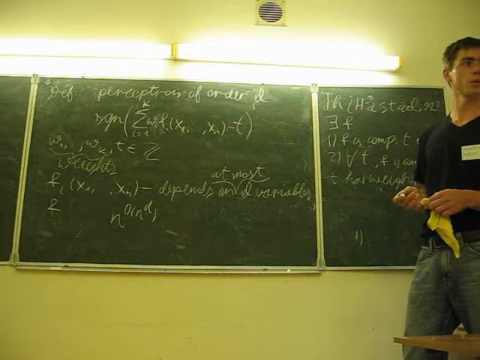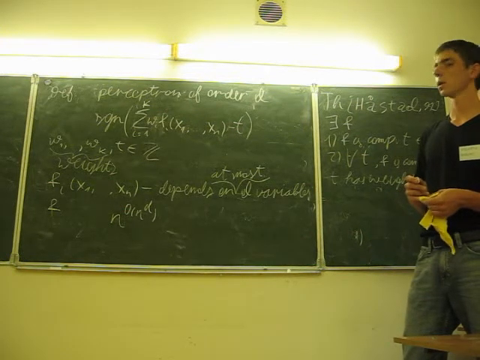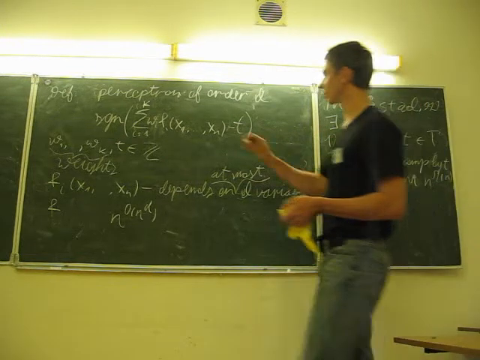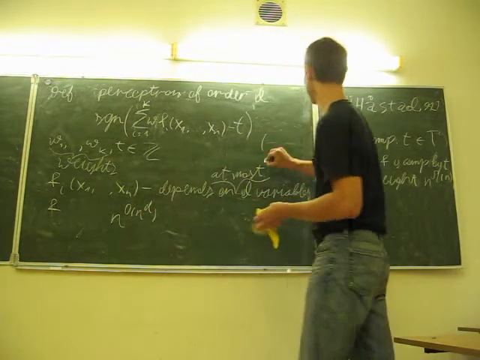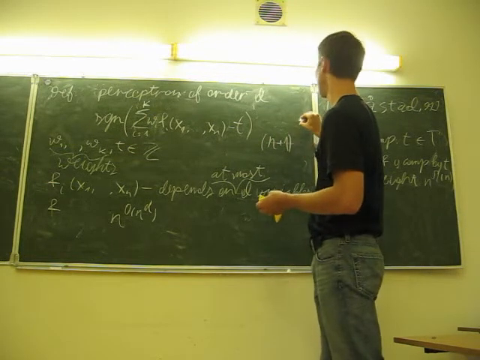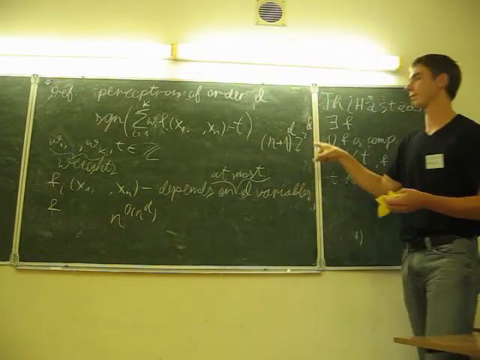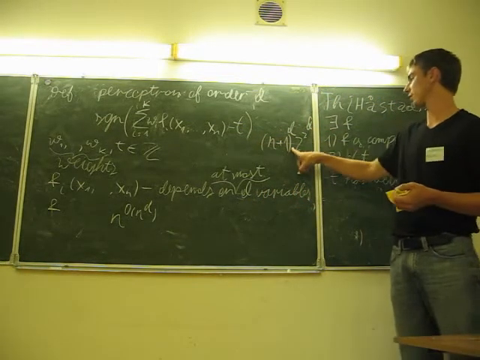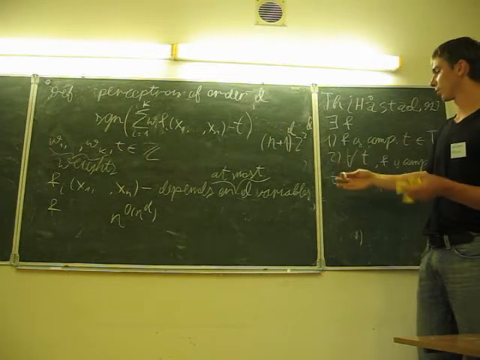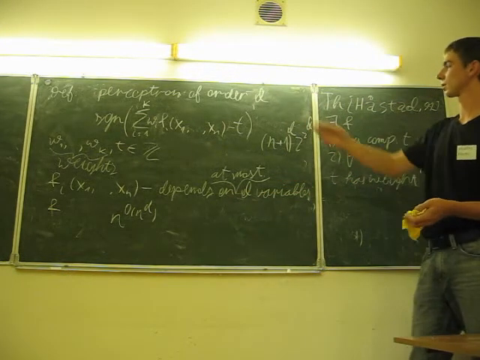You have only polynomial. Why? But now you wrote something like 2 to the n, very exponential. No, 2 to the d. There are at most this number of functions: this is to choose d variables, and this is to choose a function.